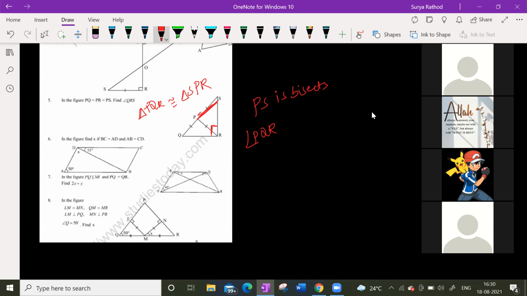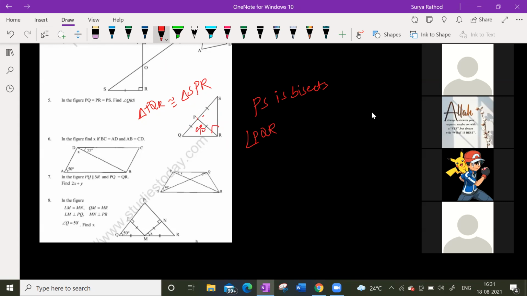If you think about the angle bisector concept, here PS is bisecting angle PQR. So by using triple S, we could say this 110% that it is 90 degrees. Very simple. You can immediately say the answer.